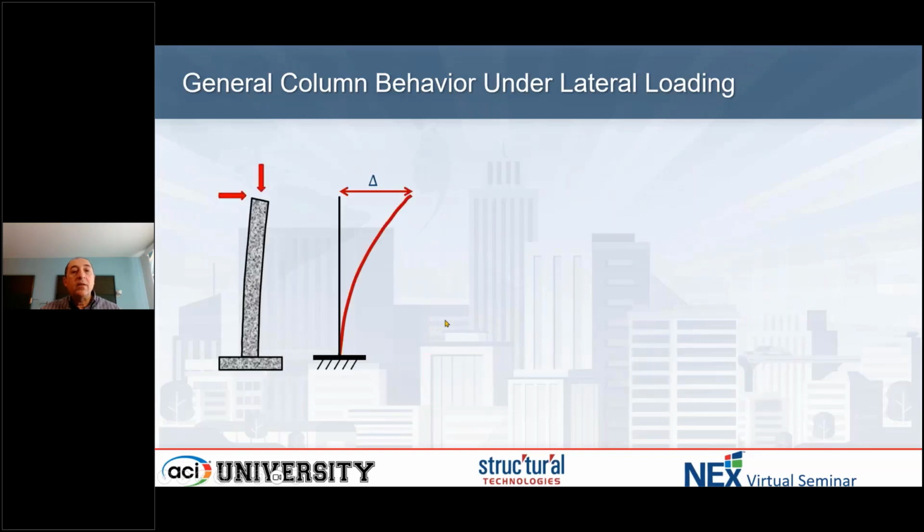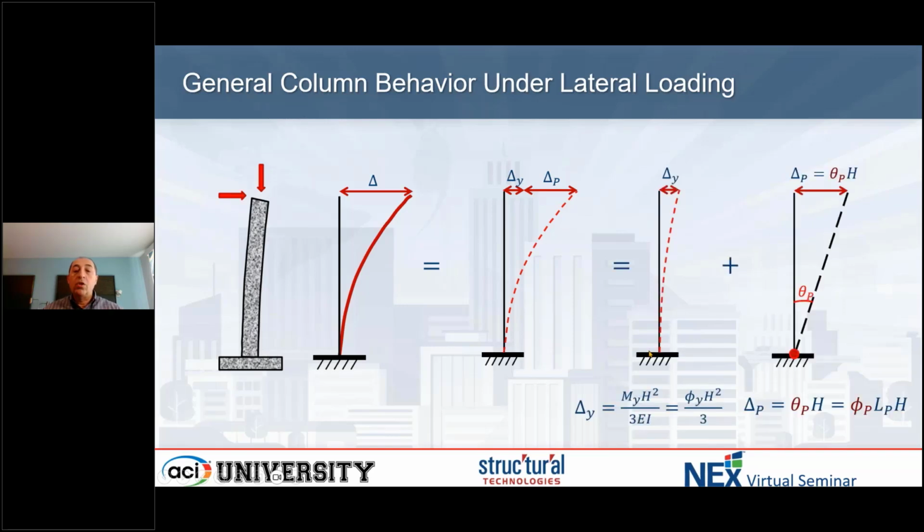If we go through that concept, when you go through lateral movement, there is an initial elastic portion, and there is a plastic portion. And the plastic portion that is resulting from confinement with FRP is what I'm trying to calculate. And that can be done easily if I can calculate the curvature of the cross section.